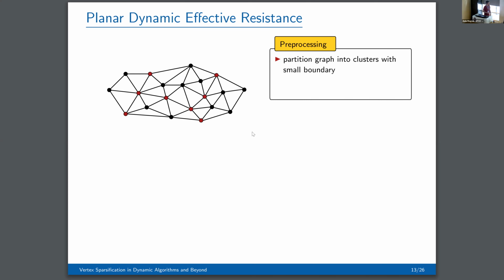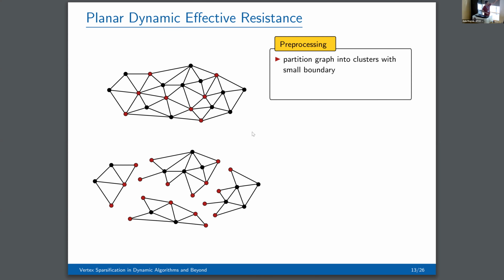You apply that result recursively, and then you get this partitioning of the graph into clusters with small boundary. These boundary vertices you see are labeled as red vertices. These are called terminals in our terminology. The term boundary comes from, I think, differential equations, but it doesn't really matter. The goal is very simple here.